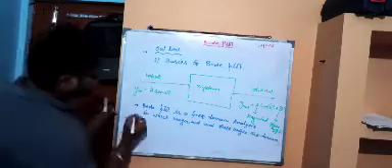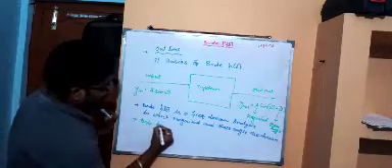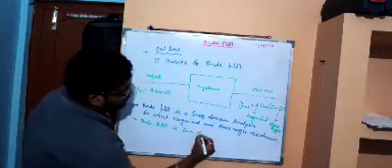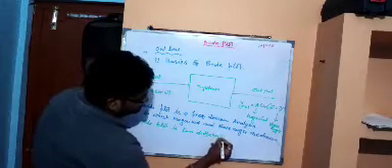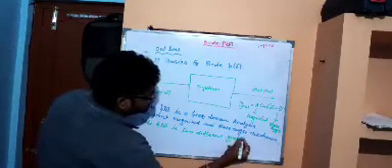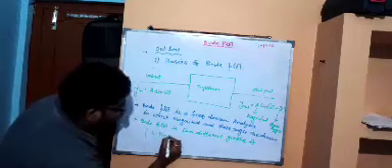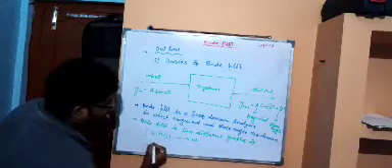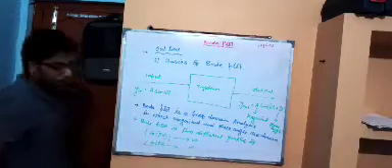Okay, so Bode plot is two different graphs: magnitude of G of j omega by varying omega, and phase angle of G of j omega, also by varying omega.